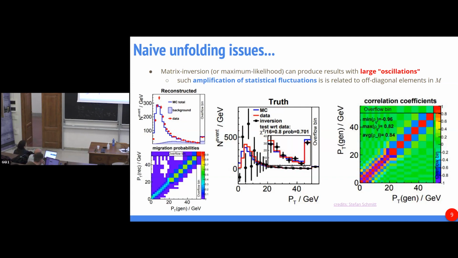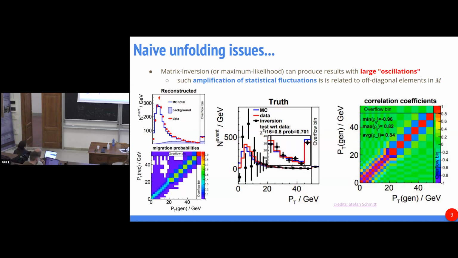Even if you are able to numerically invert the matrix with infinite precision, you still get this effect. So this doesn't have to do with the numerical precision. This has to do with the fact that you have off-diagonal elements in your migration matrix or in your response matrix. And if you have this, then you have these jumps here.